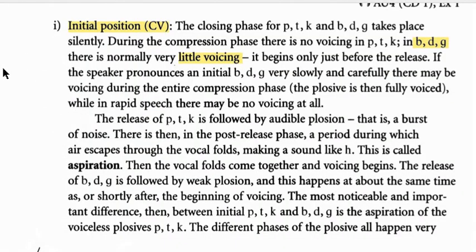The first position in which a consonant, in this case a plosive consonant, can occur is the initial position, which means it can come at the beginning of the word. In this position, the closing phase for P, T, K and B, D, G takes place silently.